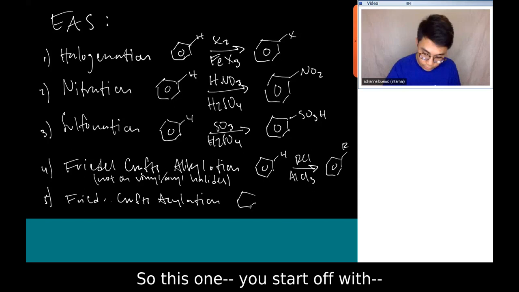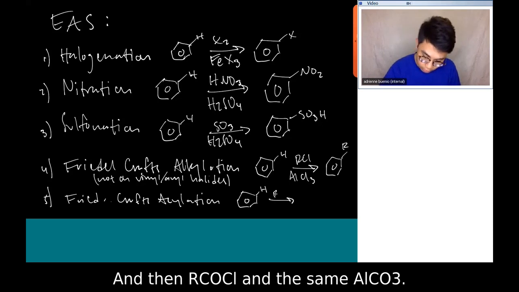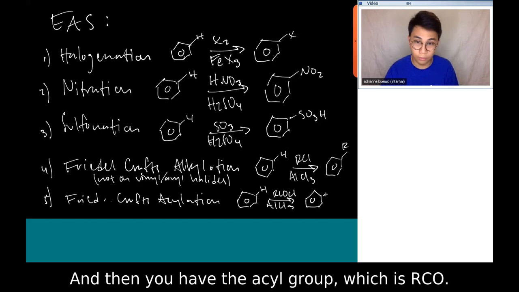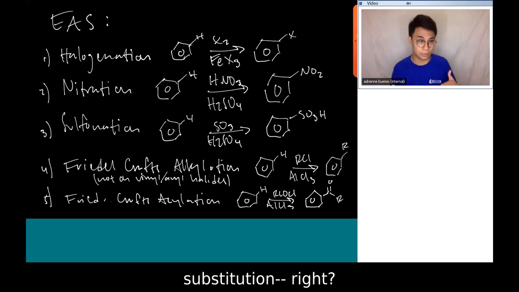You start off with a plain benzene, then RCOCl and the same AlCl3, and then you have the acyl group, which is the RCO, and that's that. So these are your general electrophilic aromatic substitutions, right?